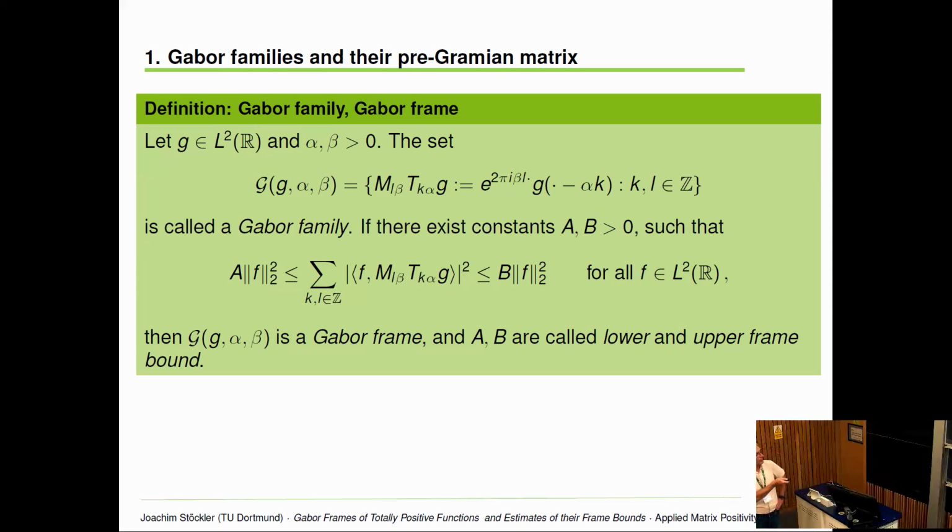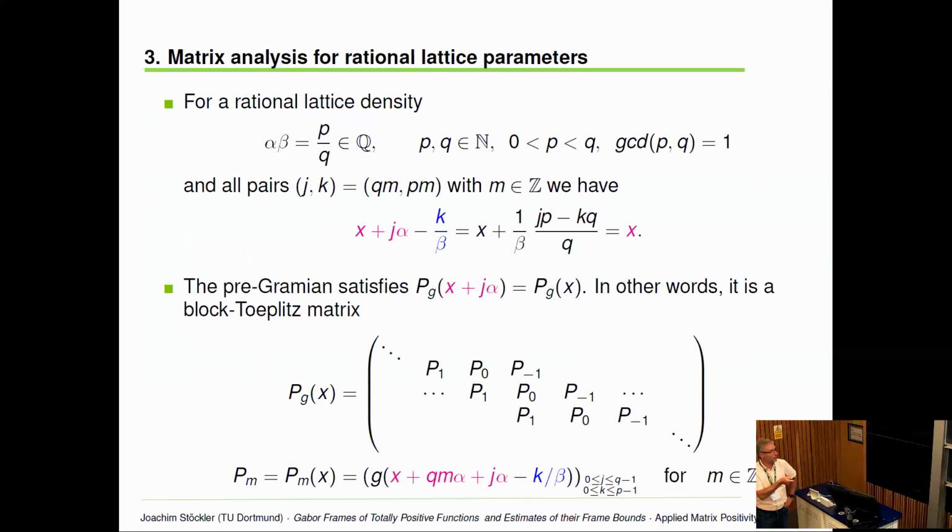But for now, a Gabor family is just composed of shifts by k alpha, modulations by l beta of a fixed function g. g is an L2 function, which I don't specify much further at this point. This is the frame condition.